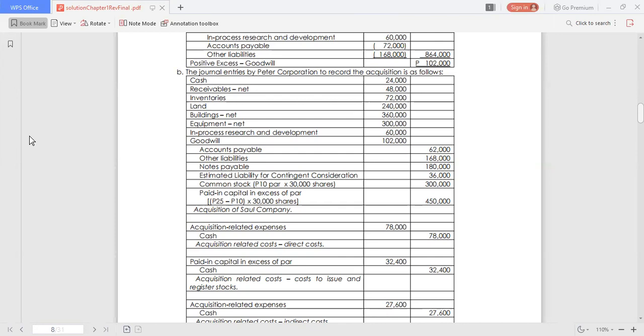So that makes a total of 906,000 for the debits.